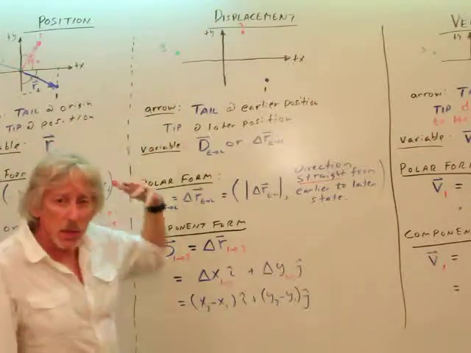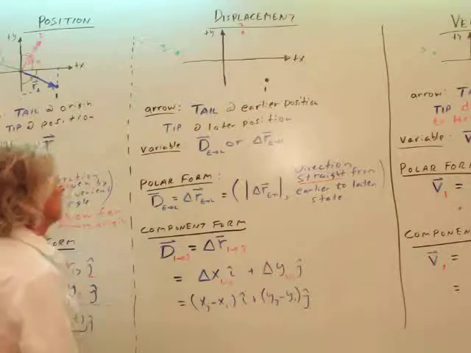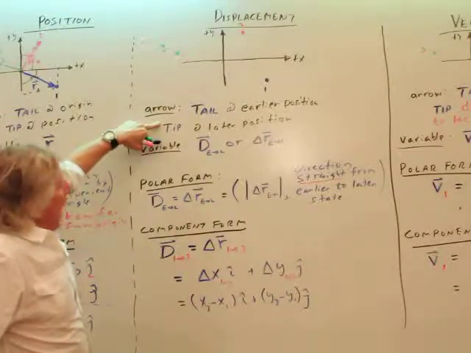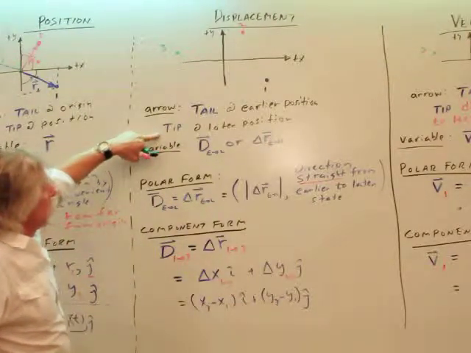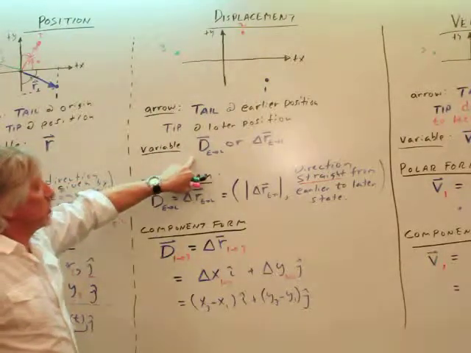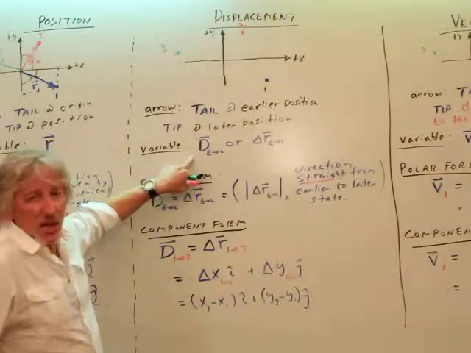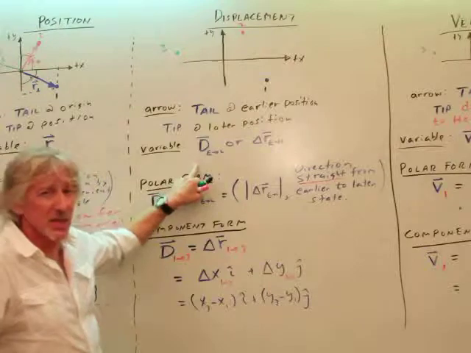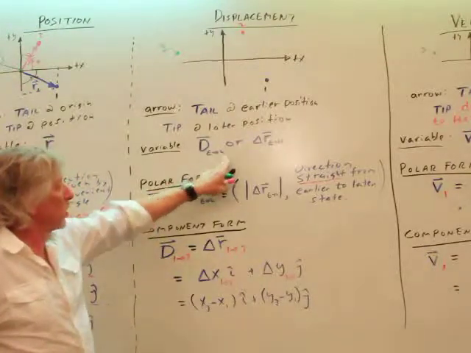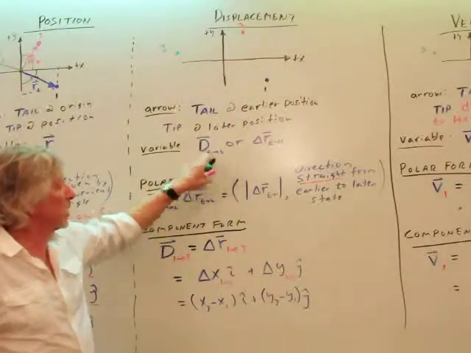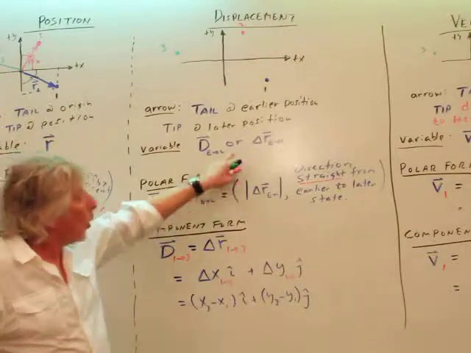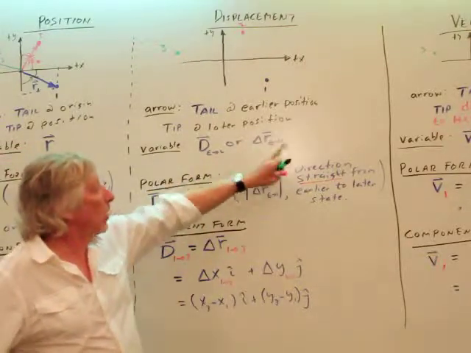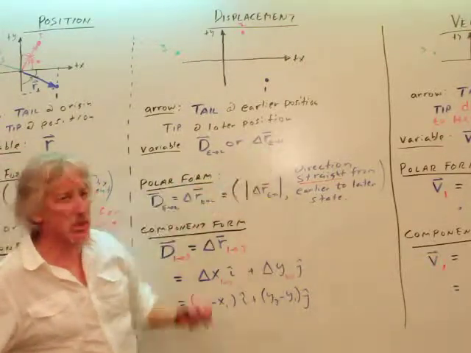Position is at a state, a moment, an instant. The variable, you can write D, capital D I like, with an arrow on top. You'll see that sometimes. From earlier to later, 1 to 2, 1 to 3, 2 to 3, whatever. Or you can write it as delta R, because it is the change in position vector.